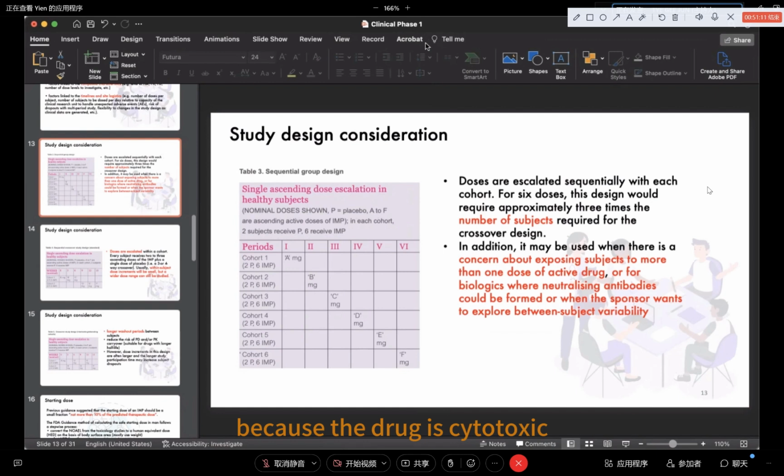Why? Because the drug is cytotoxic, which means it not only kills the target cancer cells, it could also kill other bystander innocent cells. Those are the situations whereby you don't want the drugs to stay too long in the body. So the toxicity matters.